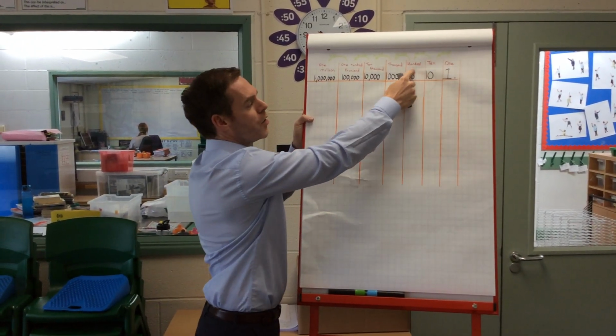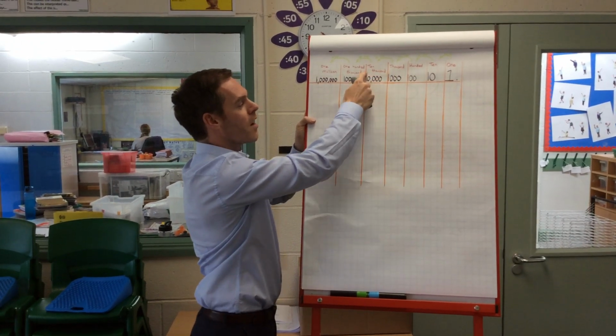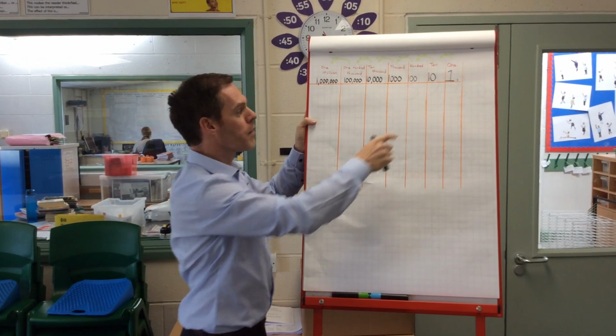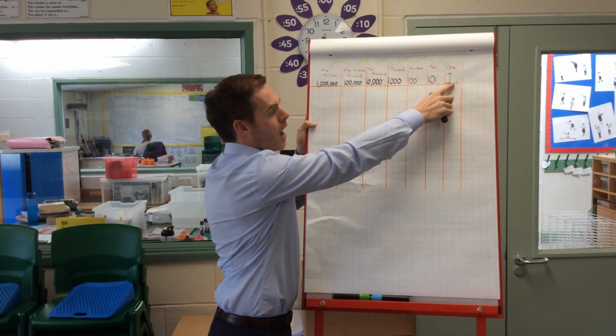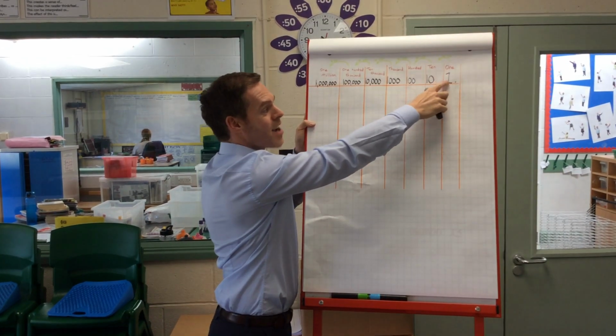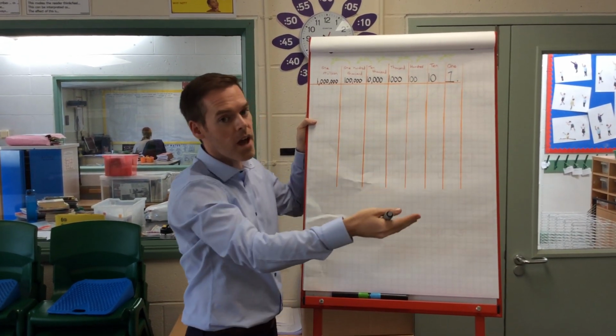Every place value that you move to the left always gets 10 times bigger than the last. So here we've got the ones column, and the next column up is tens, and of course 10 is 10 times more than 1. 1 times 10 is 10.